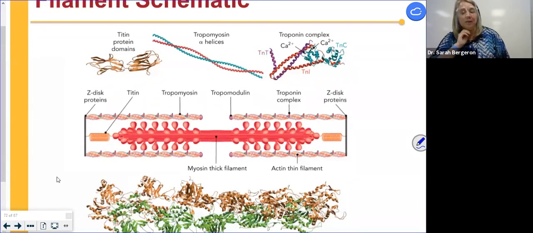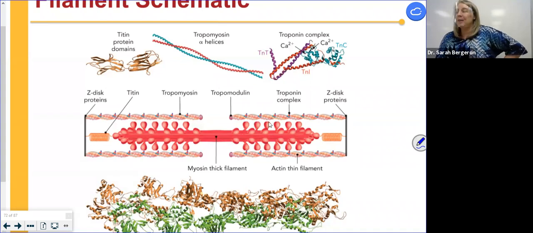All right, so here's our scheme. I told you, you have your actin strands that are your thin filaments. Do you see that you have a troponin complex every so often inside of the actin filament? So that's troponin. And then you have something called tropomyosin, which wraps all around the actin filaments.